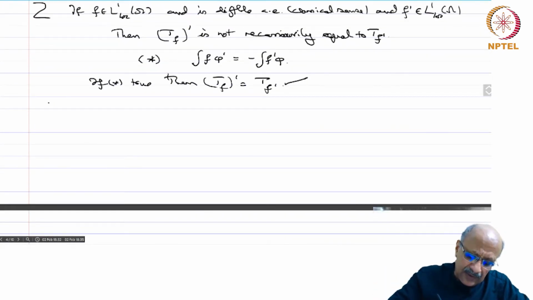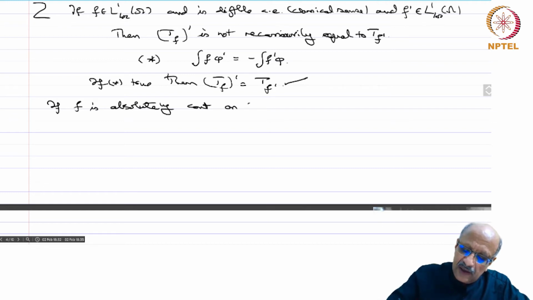Okay, so an example where you do have star: if f is absolutely continuous on, say, an interval [a, b] contained in R, then star is true.